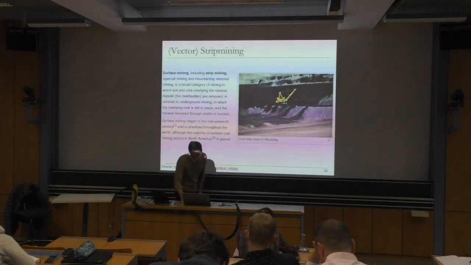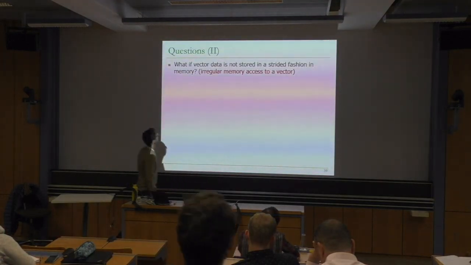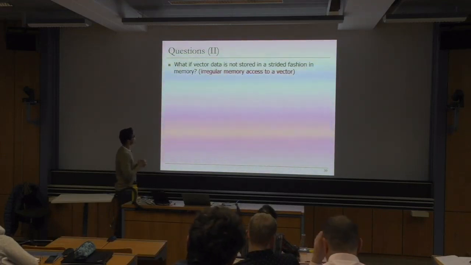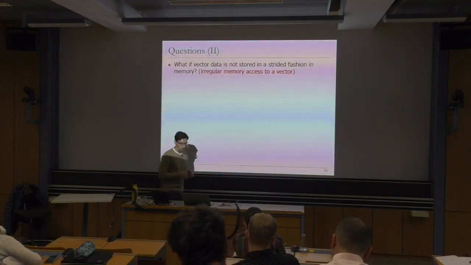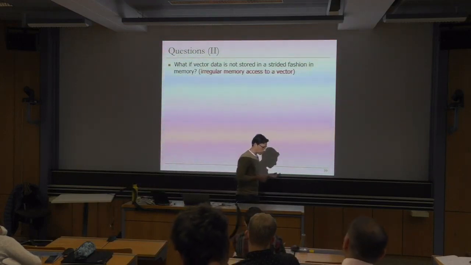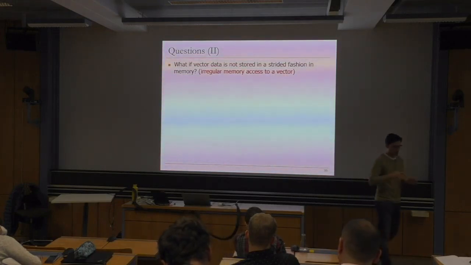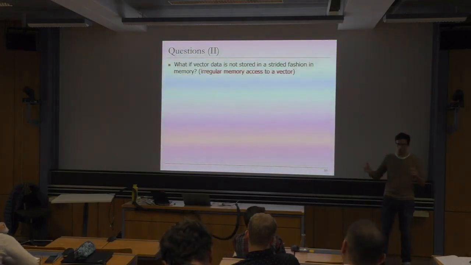Next question: what if vector data is not stored in a strided fashion in memory? This is interesting, because as of now we were considering that the stride is 1, meaning that we read all consecutive elements of the two input vectors.